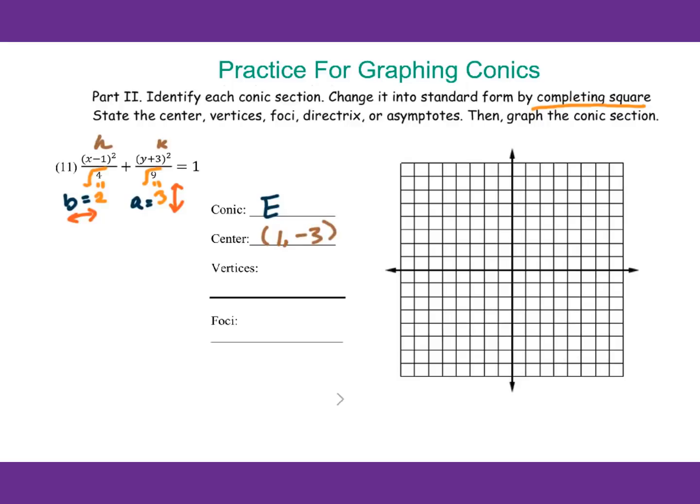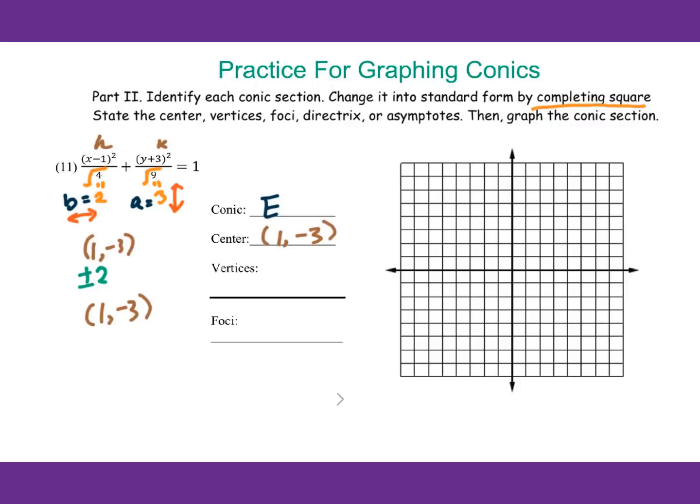Whenever you have a square, that will be linear. For vertices, I have 1, negative 3. Since B is horizontal, I add or subtract 2. Then I write down 1, negative 3 again.